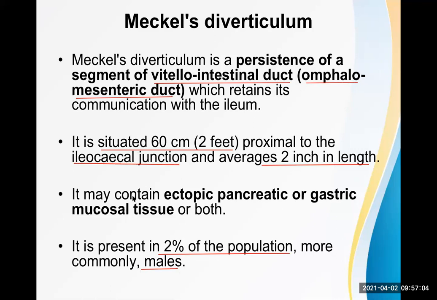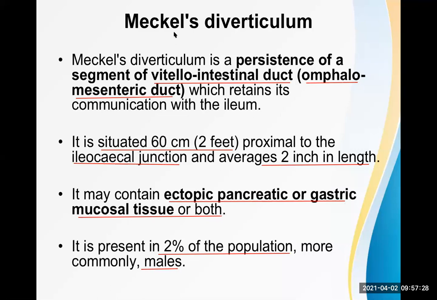Now, one of the important points is it may contain ectopic pancreatic or gastric mucosal tissue, or sometimes even both. Usually the gastric mucosal tissue is present there, and sometimes even pancreatic tissue. Now, what type of cells are present in gastric mucosa?